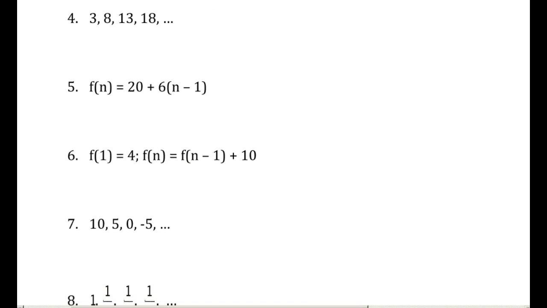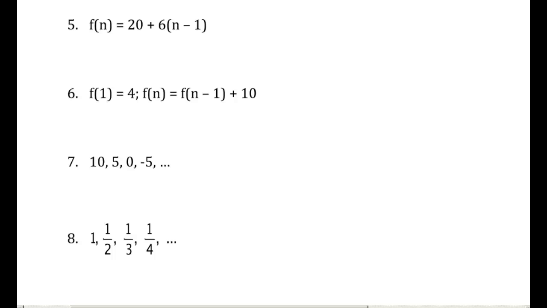And number 4 is just another one for practice. Number 5, we give you the explicit. So go ahead and simplify the explicit, but then work backwards and write the recursive. We've always done, here's a sequence, then to recursive, then to explicit, but we want to be able to go in any order, in any direction that we need to. So we can work this backwards.